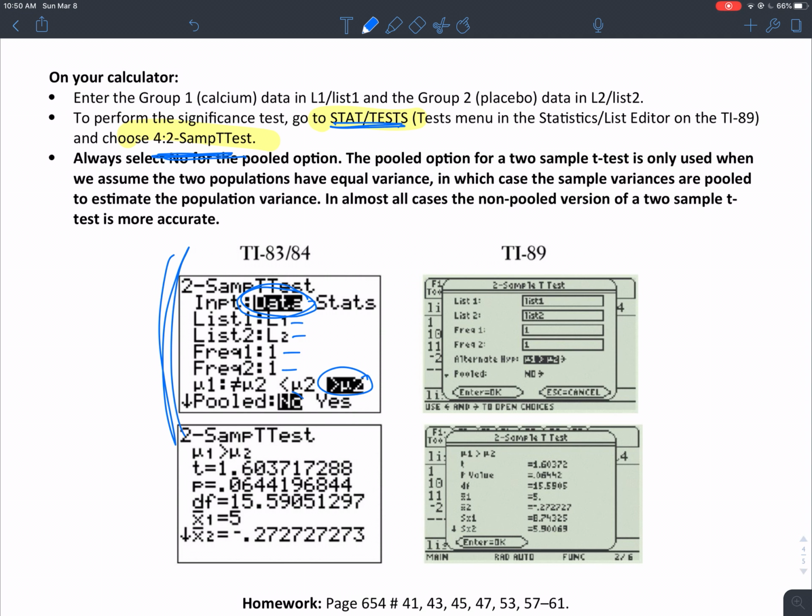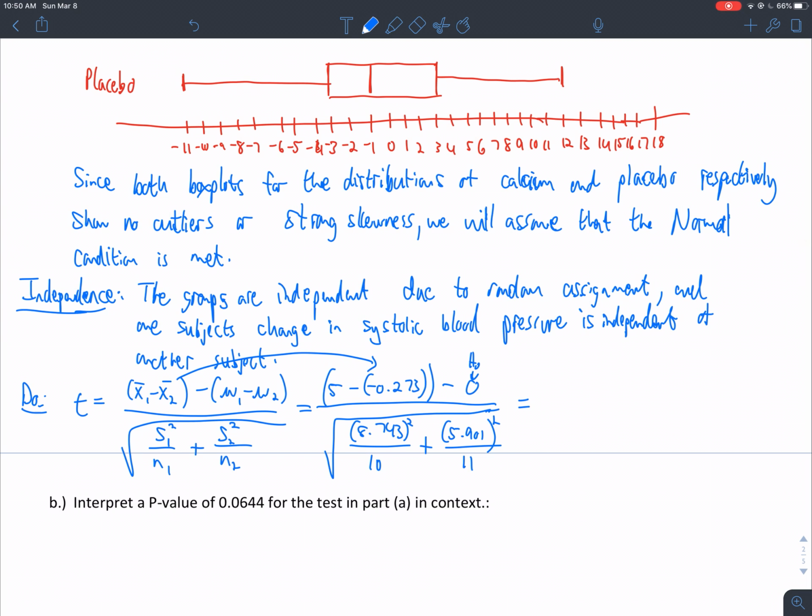And here we address pooled, okay, say pooled no, and I'll let you read that on your note sheet, but there's the answer as to why we don't do pooled, okay? So I'll let you think about that, but then you get your answer. So you may even choose to do the test before you need to plug in all these numbers.